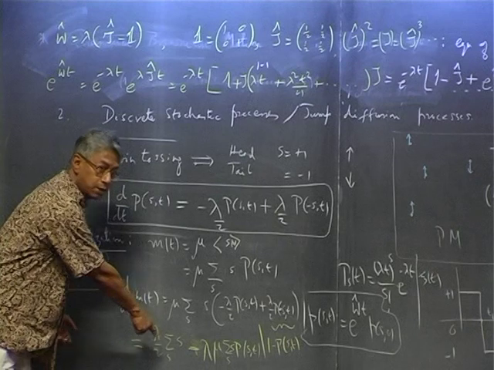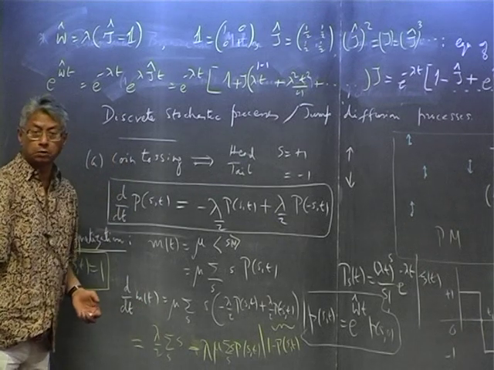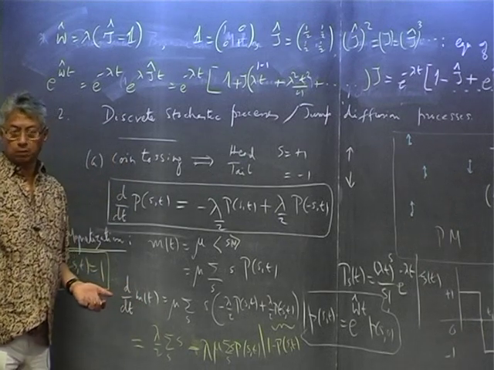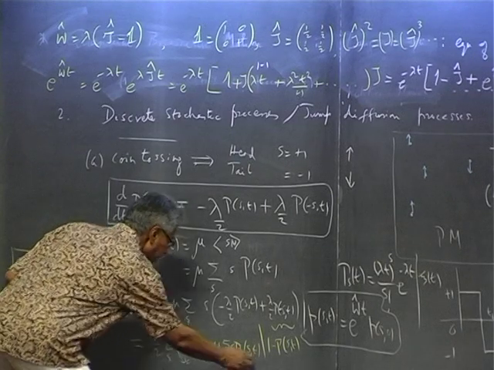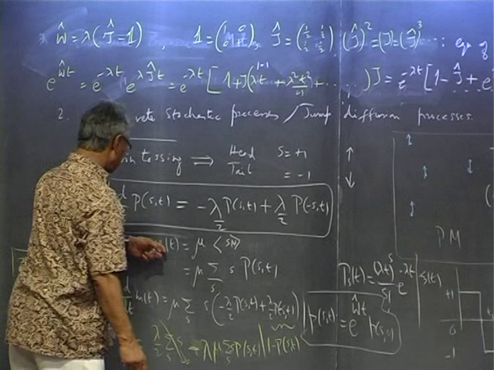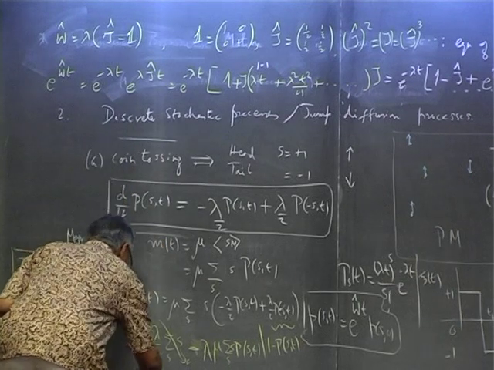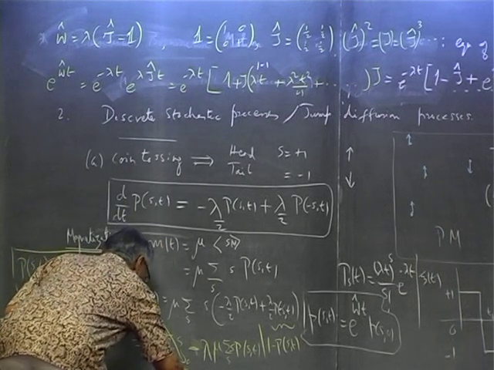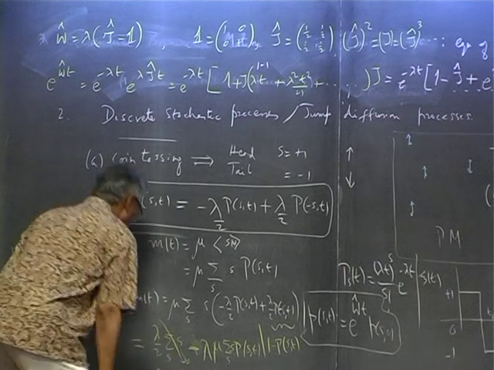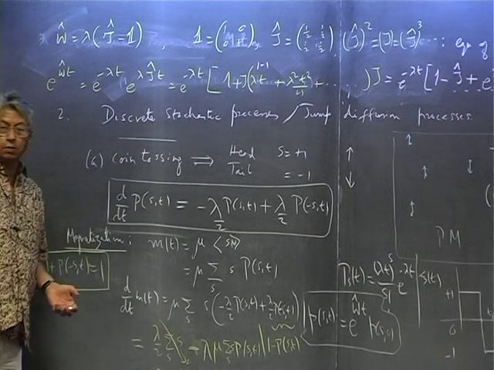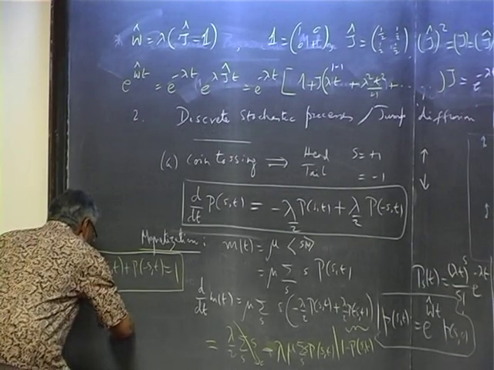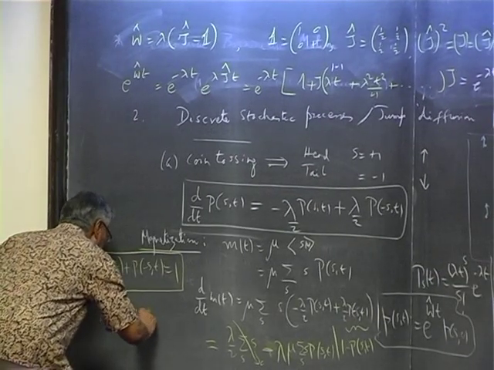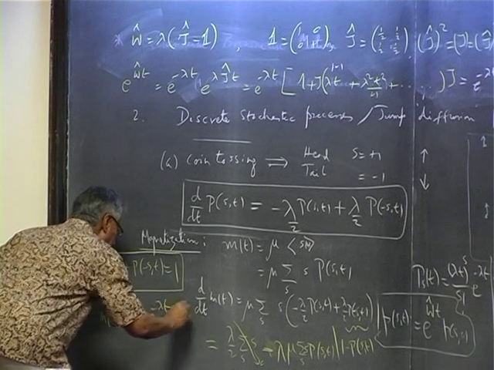So what is this quantity? It is identically 0, right? Because I have 1 and minus 1. So this goes away. And this guy itself is my m of t. So I have a rate equation which says that d dt of m of t is minus lambda m of t, with a trivial solution that m of t is equal to m naught exponential minus lambda t.